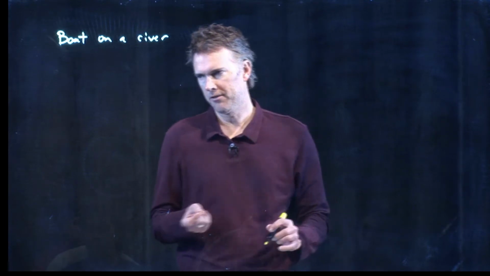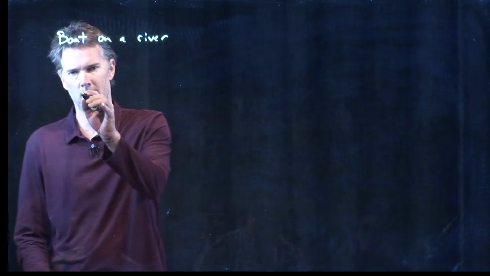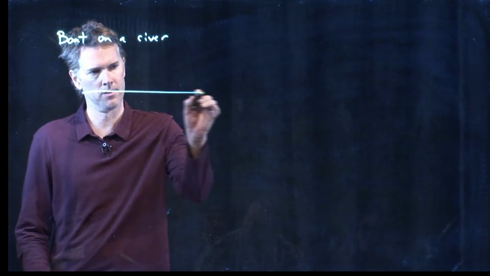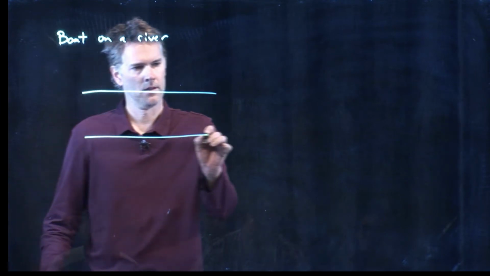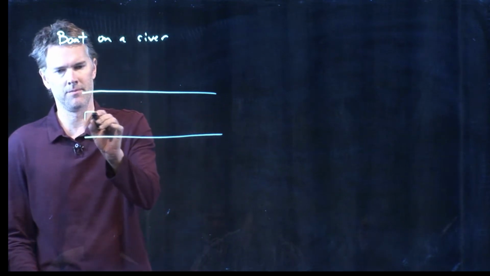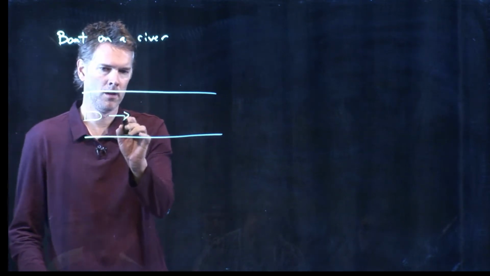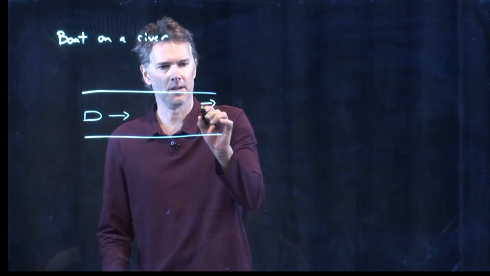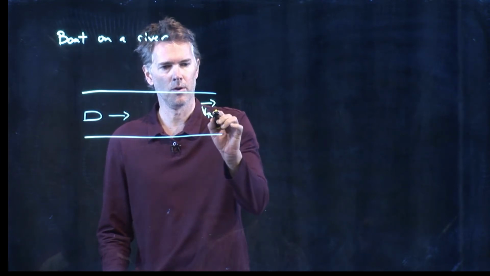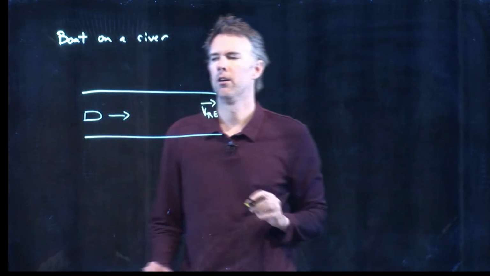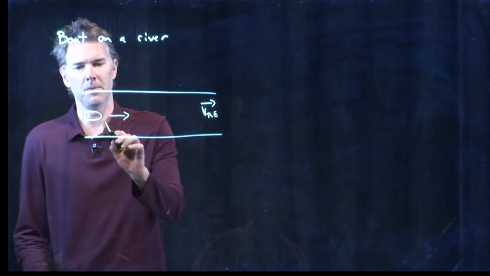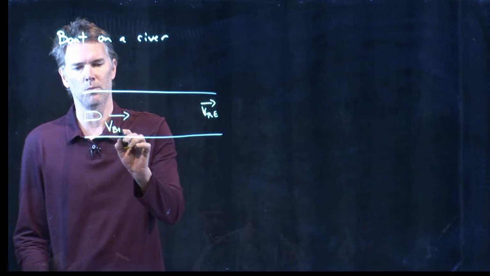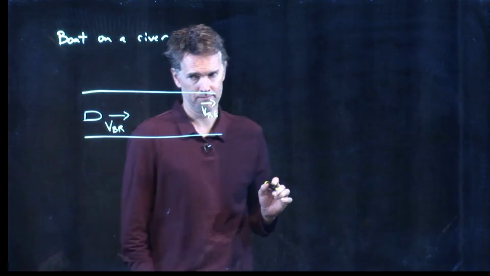Okay? So let's see if we can draw the picture out to start with. Here's our river. Here's our boat. And it's going downstream. We have some velocity of the river relative to the earth. We have some speed of the boat relative to the river.